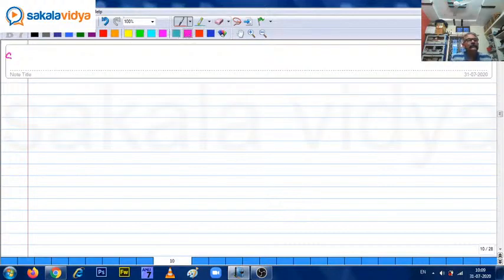Now the solution. x square plus x plus 1 equals 0. Here d equals b square minus 4ac.